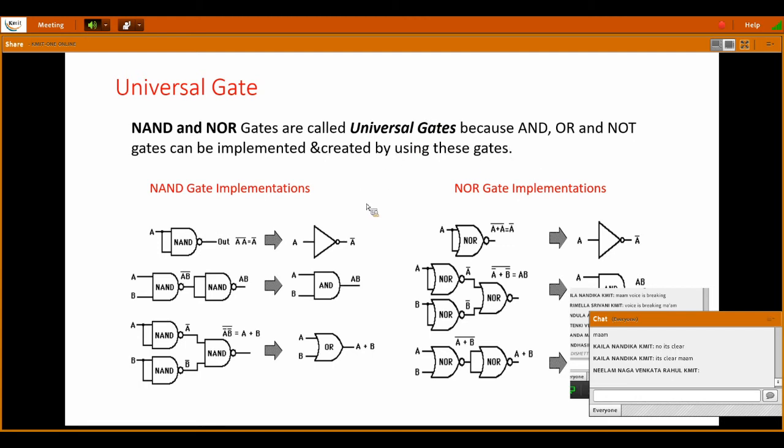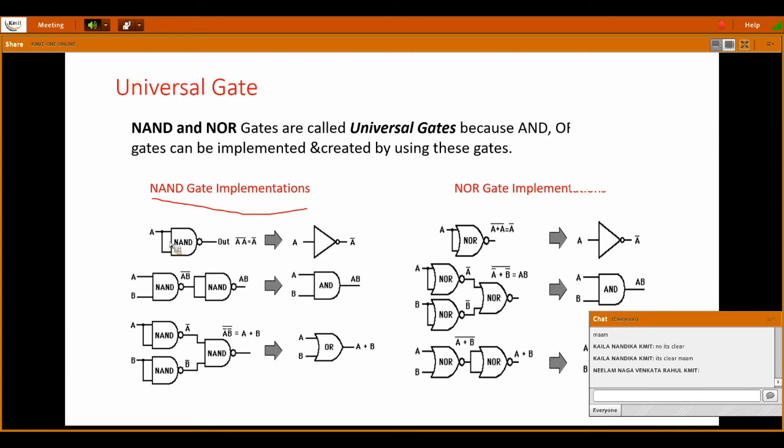Here, for example, the implementation of the 3 gates using NAND and NOR is shown. In the NAND gate implementation, see here, first the NOT gate is implemented using NAND.